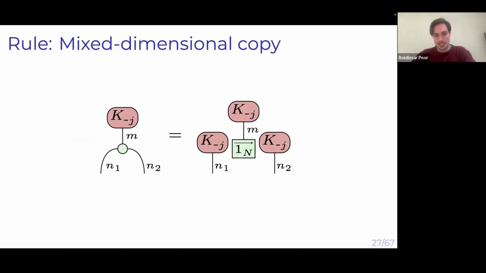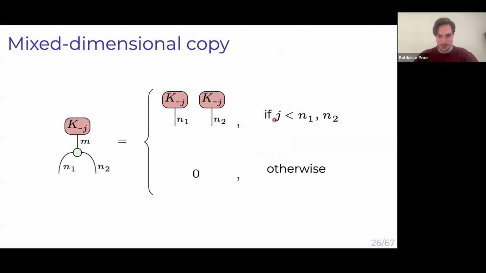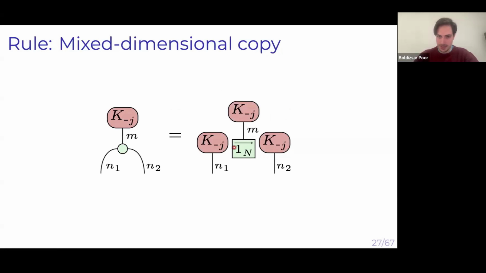So this can be expressed as the following simple rule in our calculus, and this will correspond to exactly zero if j is bigger than or equal to the two dimensions, and it's going to be 1 otherwise. So this is exactly what we just saw.